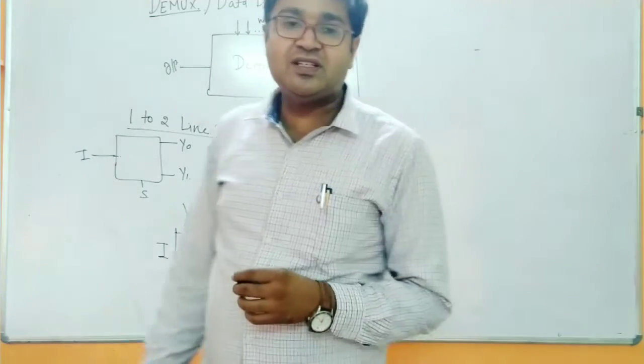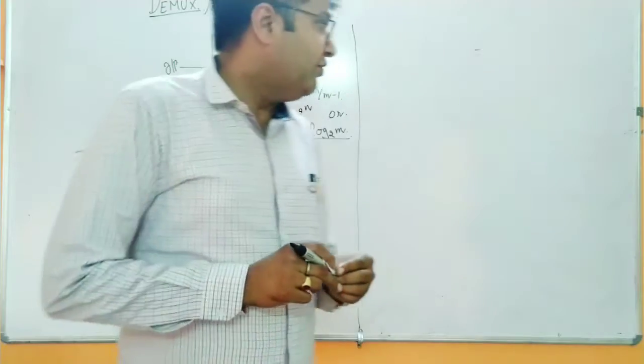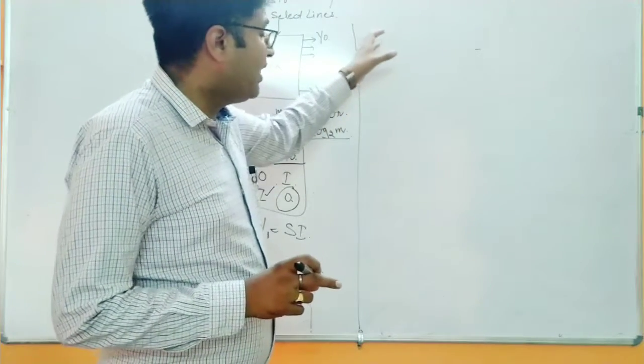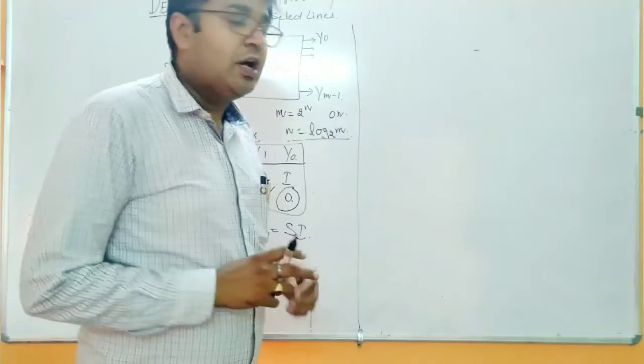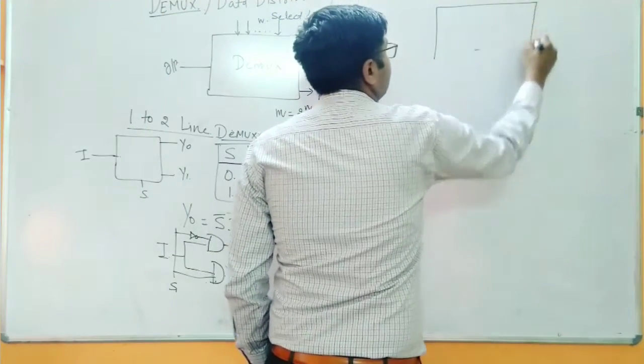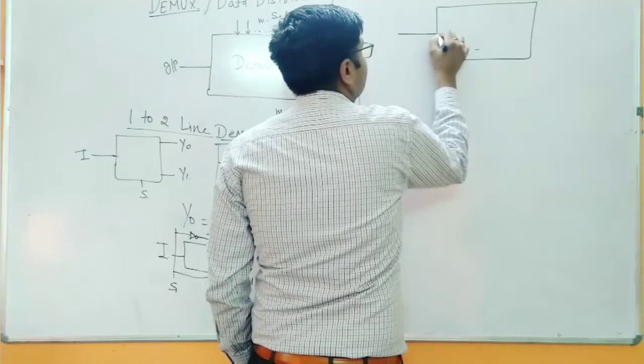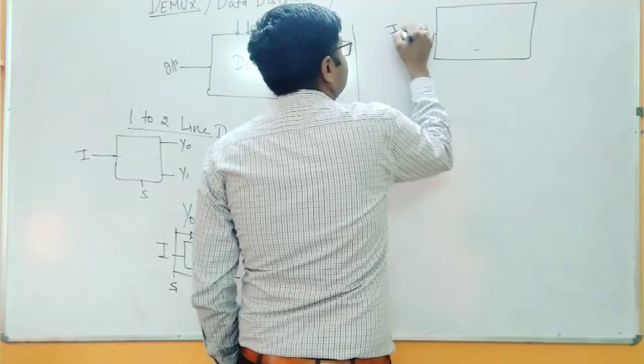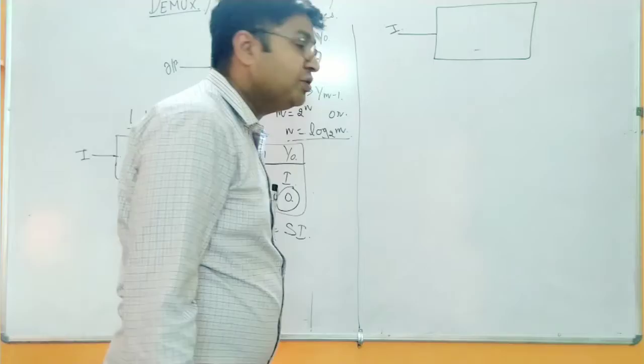Now another basic type of demultiplexer is where you have 4 output lines. This is called 1 to 4. As you can see, I is the input.